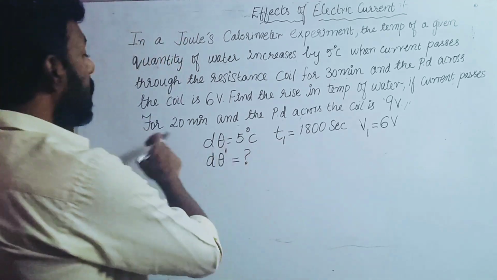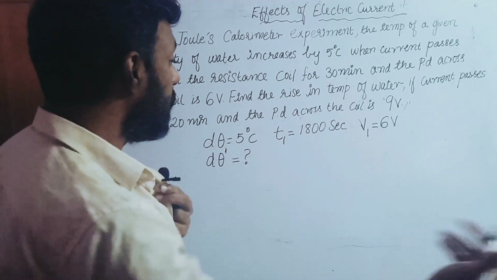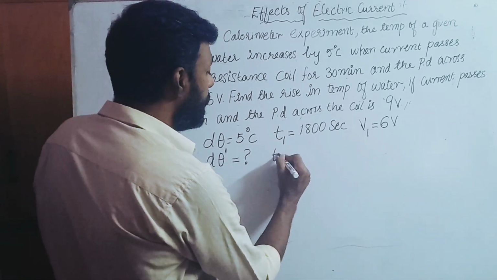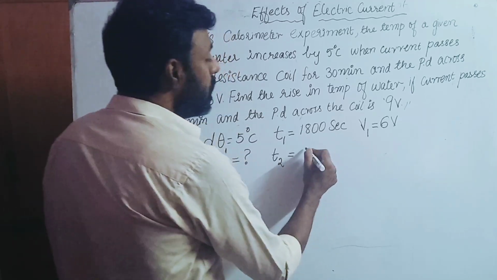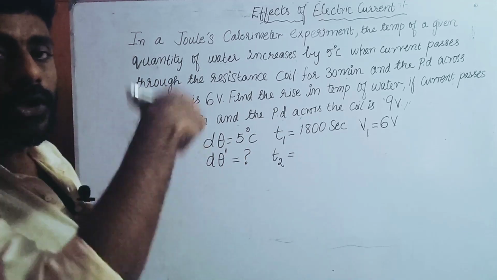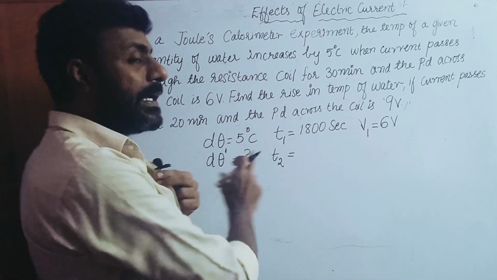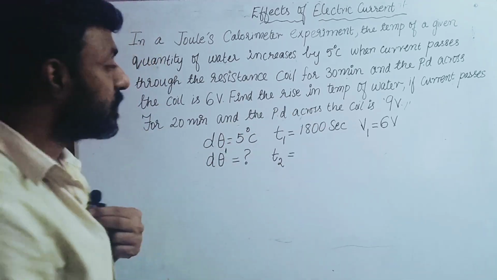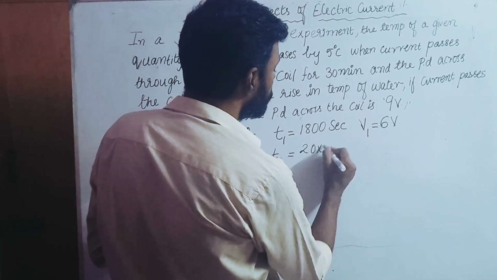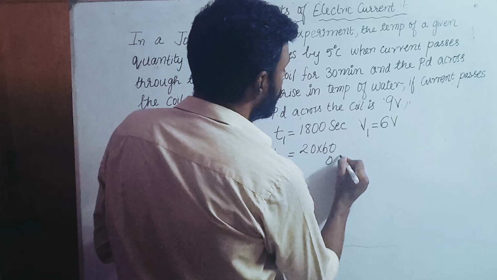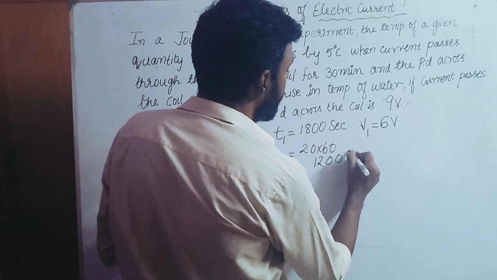If current passes for 20 minutes, the time interval is T2, which is 20 minutes. Converting minutes into seconds, I multiply 20 with 60, which is 1200 seconds.